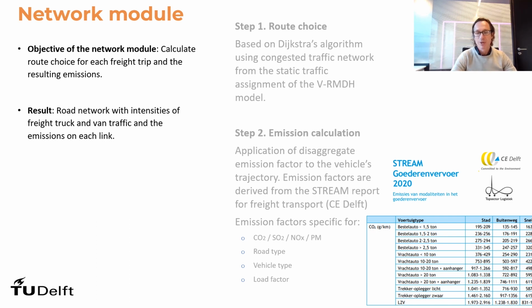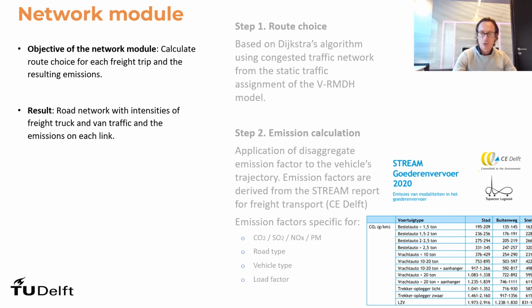What we did is use road-specific emission factors, but also vehicle type-specific, and we also take into consideration the load factor. We could make use of a European project called STREAM, performed by CE Delft, that provides these emission factors.